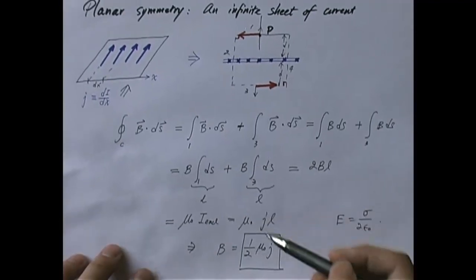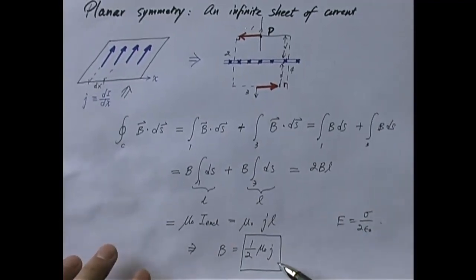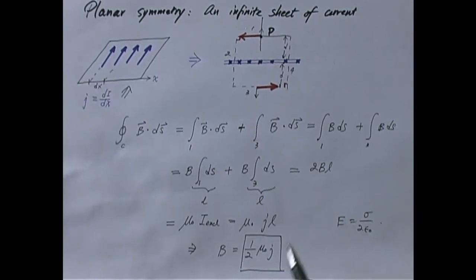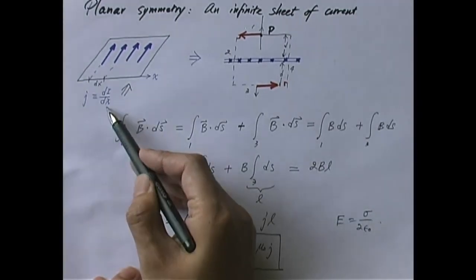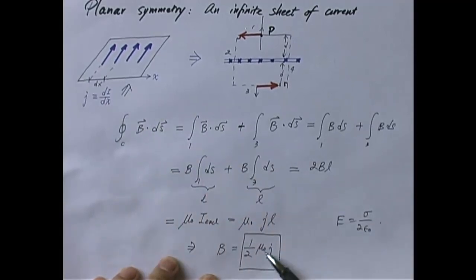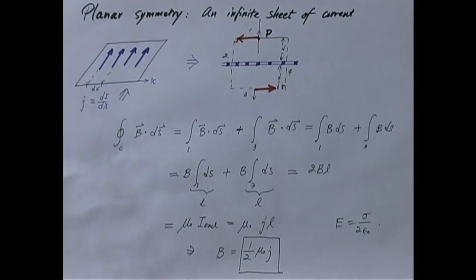Now, can we do a similar argument here? The dimension of the magnetic field, we know it's always mu naught times the current divided by some sort of length. Here you have mu naught. What about J? J already has the right dimension. It is current over distance. So mu naught times J, this combination gives you already the correct dimension for the magnetic field.